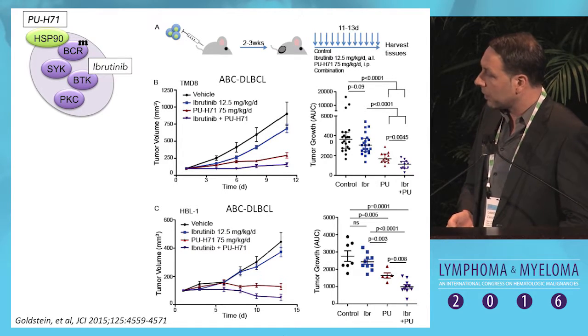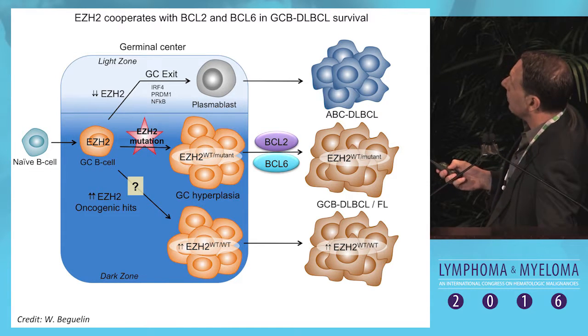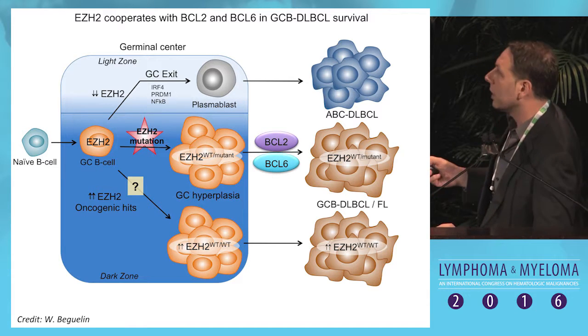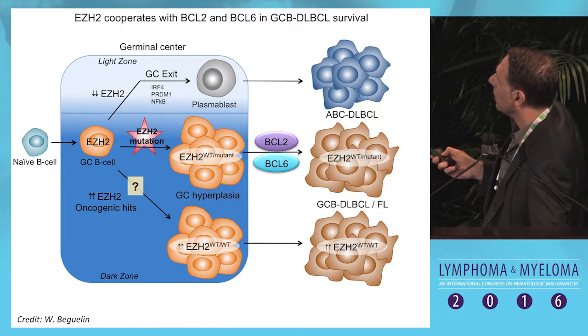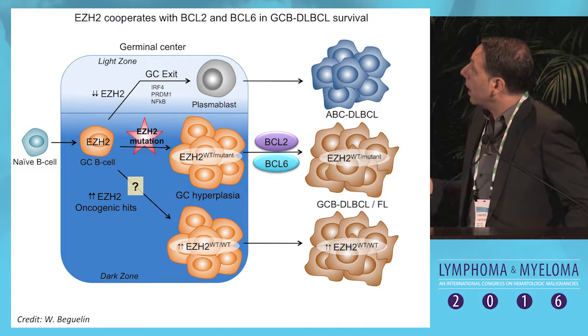Another example for GCB type of tumor comes from the idea that EZH2 is another of the supporting network that maintains the activity of BCL2 and BCL6 in the GCB DLBCL cell types.